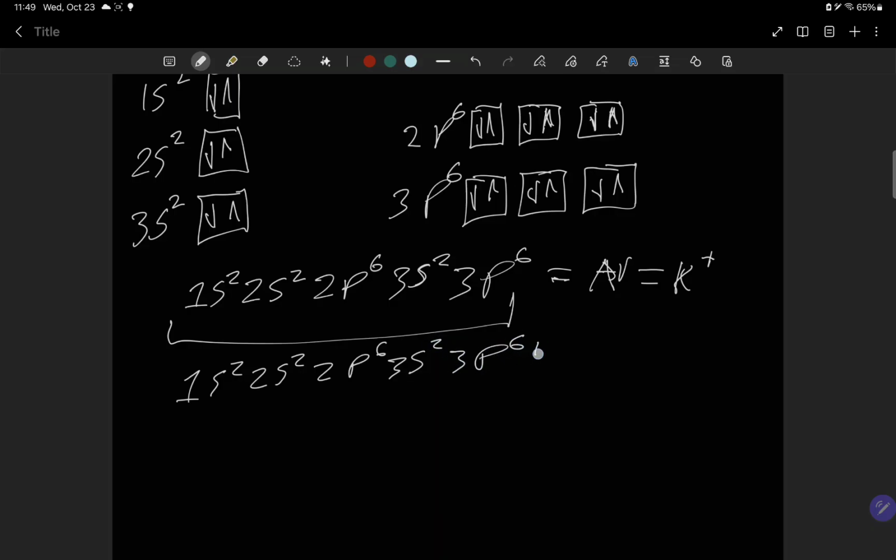And the next one's going to be 4s1. So once we get to this one, if we knock off 1 electron, that's just going to be this 1 electron. So that's going to go to 0. There's no point in writing this at all, so we can just delete that. This is now exactly the same as an argon, as far as the electrons.